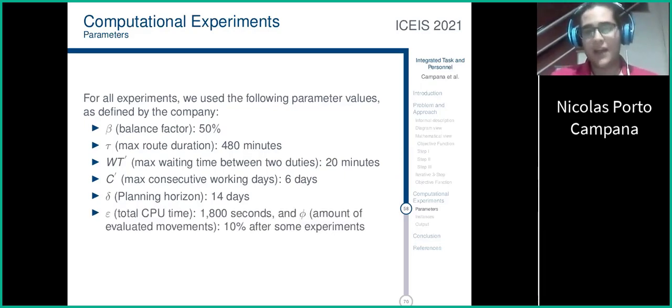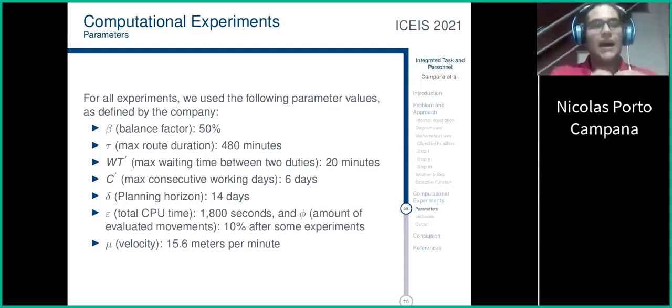The total CPU time and the percentage of evaluated movements in the second step, 10%, were set after some experiments. And we also have the velocity of 15.6 meters per minute. This is the velocity of going through the edges of the graph, so going from one location to another inside the building in the second step.